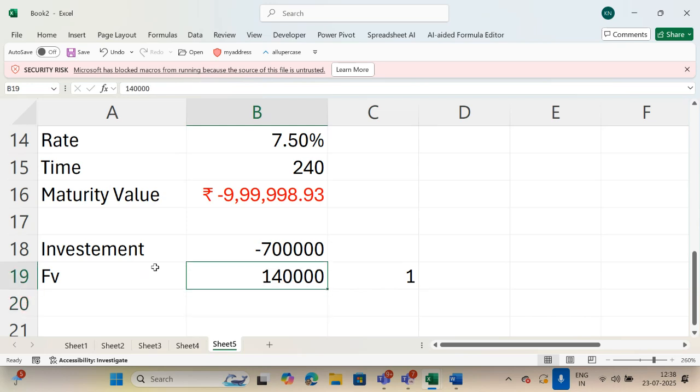Now you want to know what is the current value of that 1,40,000 rupees.